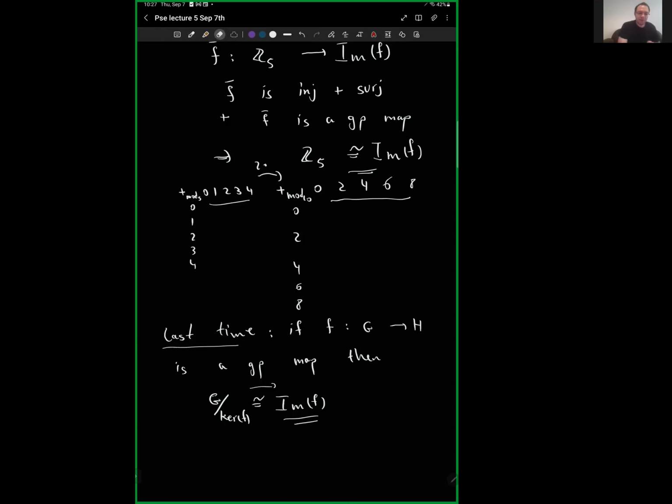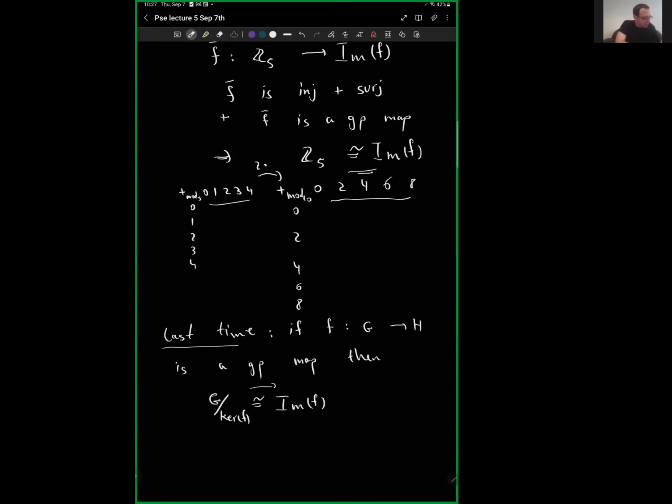Any questions? Doesn't look like there's any so far. Yeah, I see something in the chat. The structure of a group modulo the kernel of some homomorphism F has the same structure as the image of F. Well, yes, this is what the theorem says.